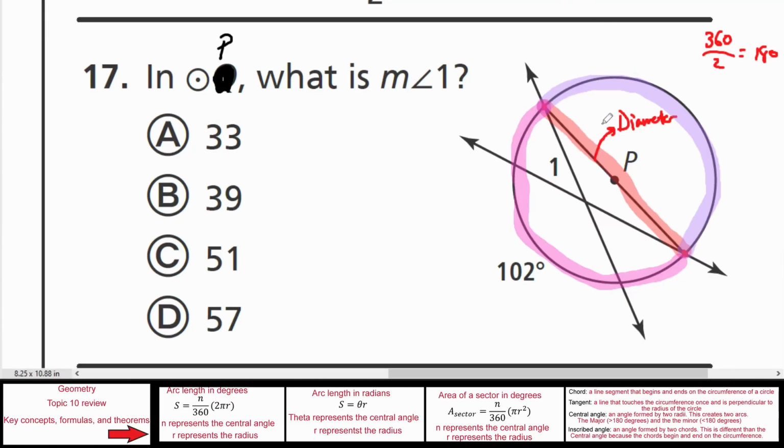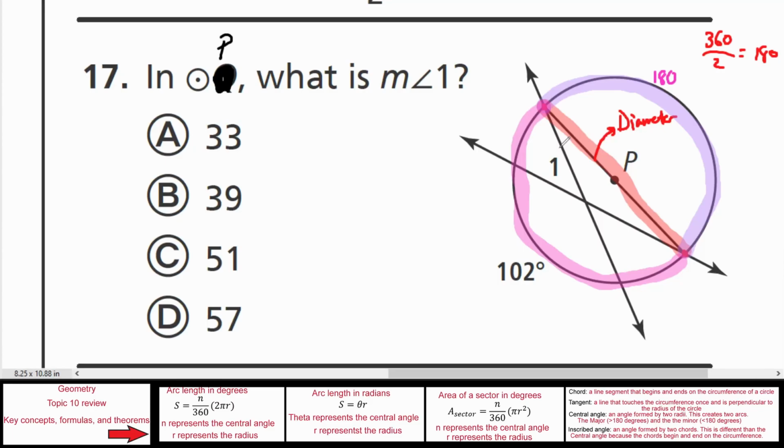I really don't need anything on this side because all of my other information is over here. I'm going to go ahead and label this side, however, 180, because I know then this arc here would be 180 as well. I'm keeping it in the pink color so that we have an association with the arc being highlighted in pink and the 180 being in pink. The 180 also represents the purple section since they are congruent.